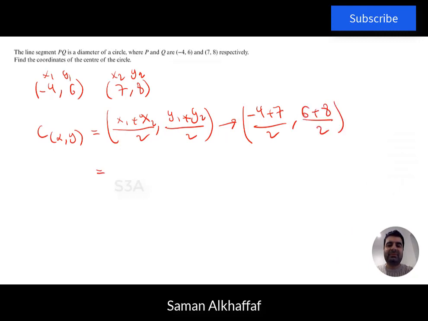That gives us 3 over 2 for the x coordinate, and for the y coordinate it will be 14 over 2, which simplifies to 7.